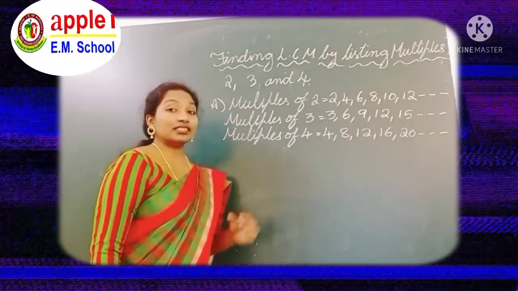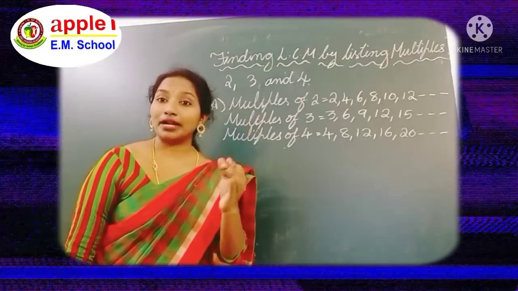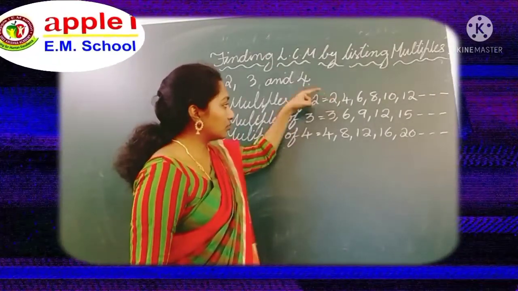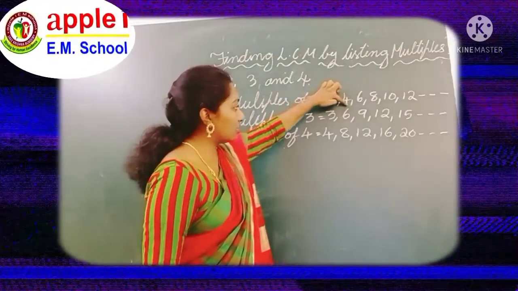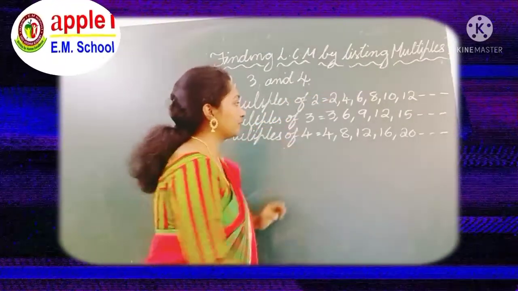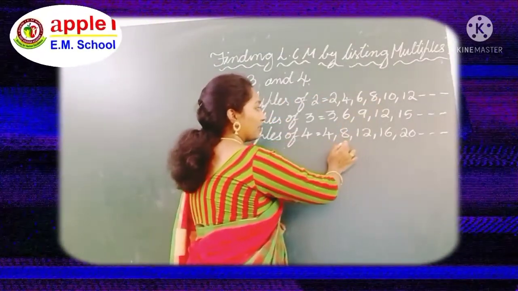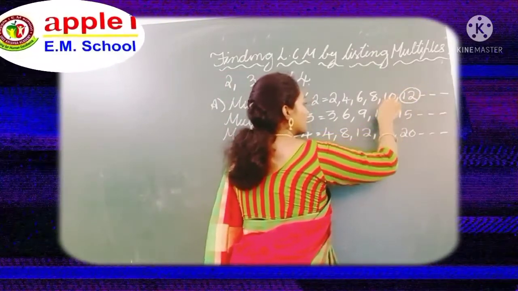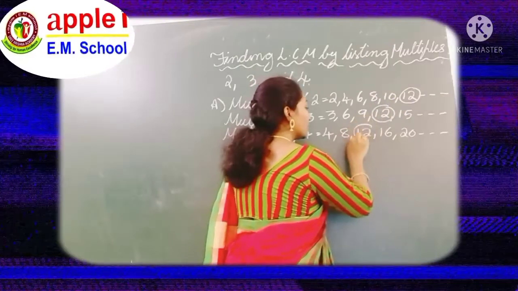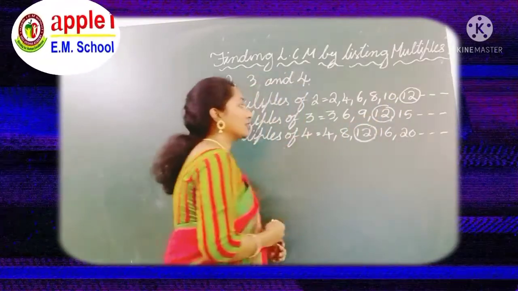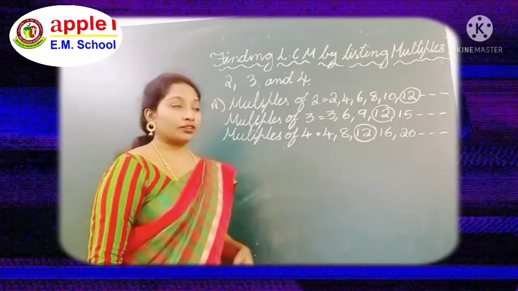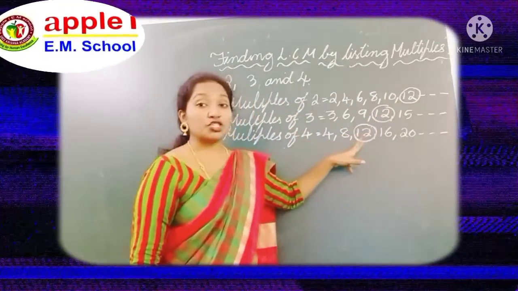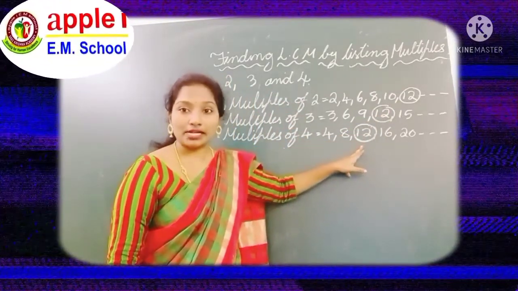Now let us see what the common multiples are. 6 is in the first two, 8 is not in the multiples of 3. 12: here 12, here also 12, and here also we have 12. So in these three numbers, 12 is the common multiple.